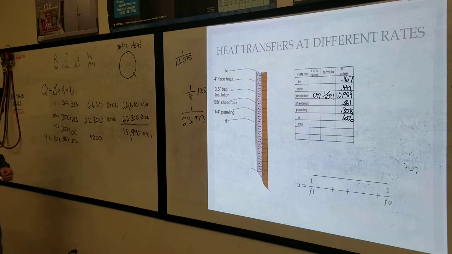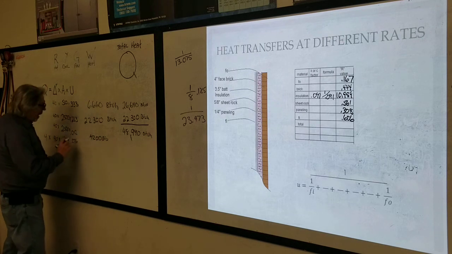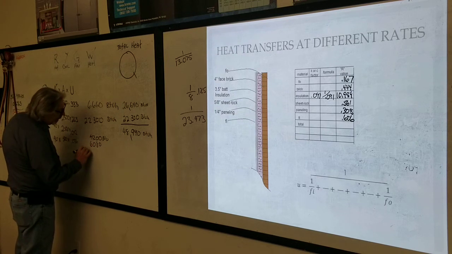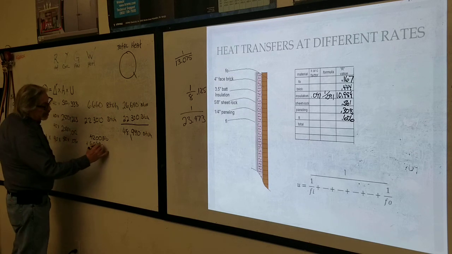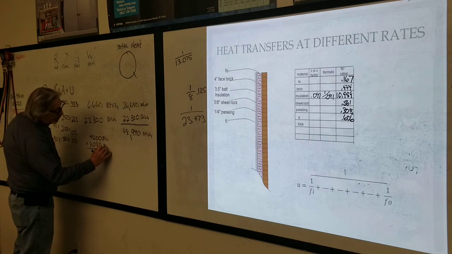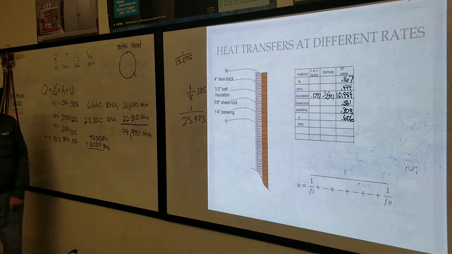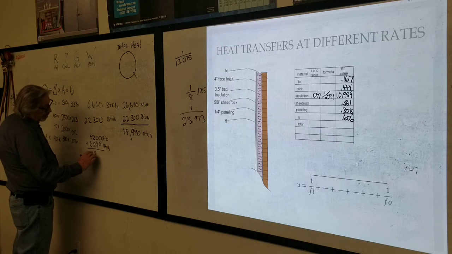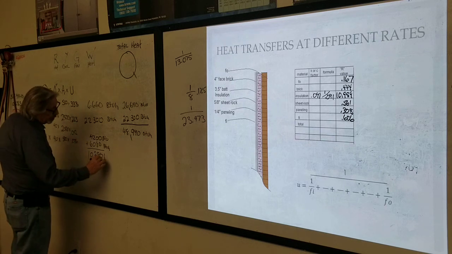That's 6,080 for 4 walls and the ceiling. 10,280 BTU. Yes, sir, BTUs.